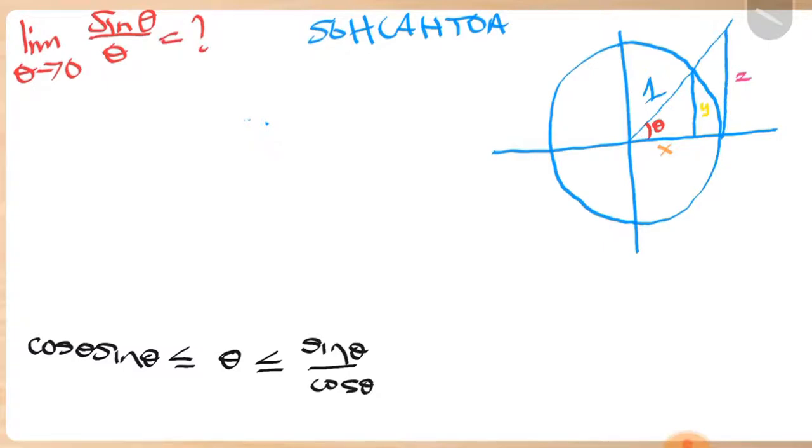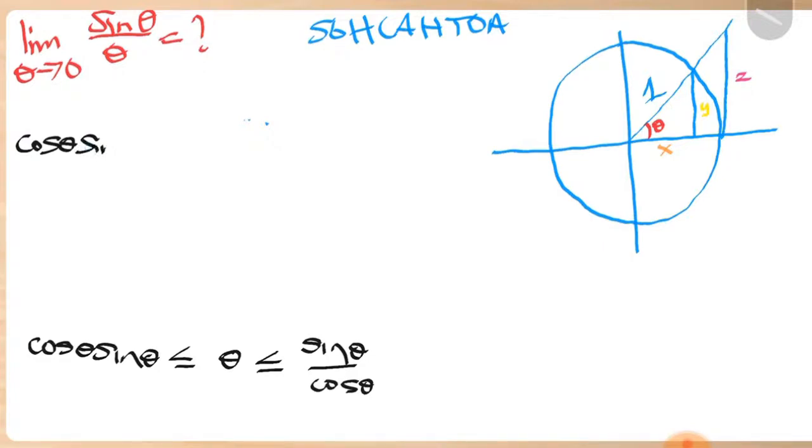Okay, so we now have this. Let's multiply everything by 1 over sine theta. So we have cosine of theta. If we multiply this side by 1 over sine theta, the sine theta cancels out.